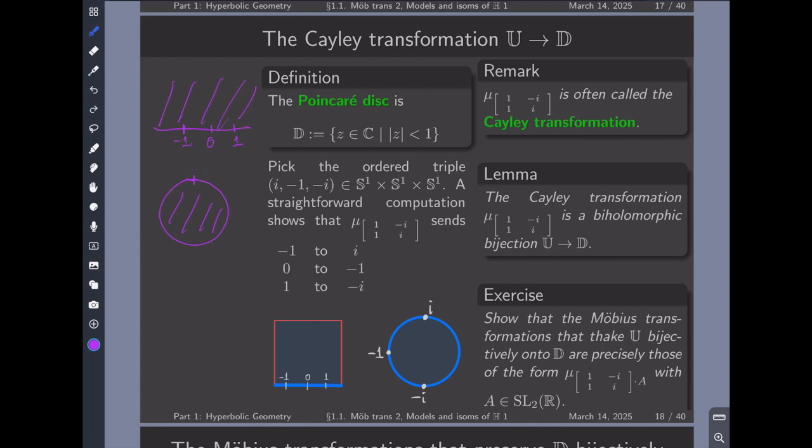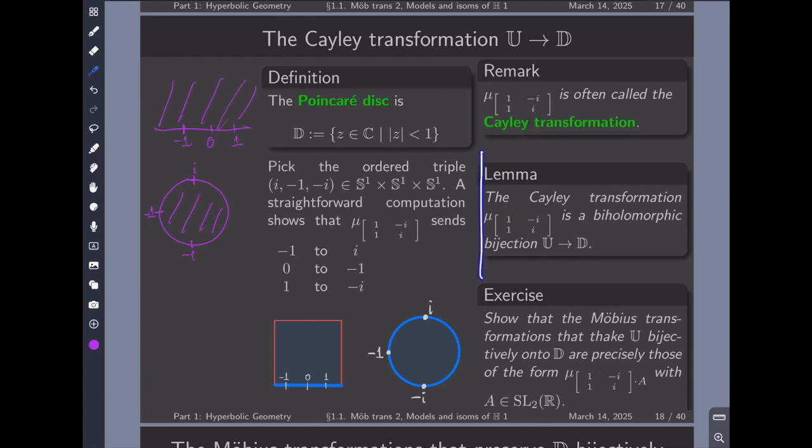Let me write this: i, minus 1, minus i. But it's already here, my picture was already here, and I didn't notice. And I take that Mobius transformation. It's called the Cayley transformation. I'm going to be calling it Mobius transformation.